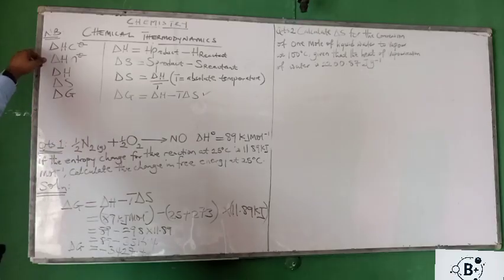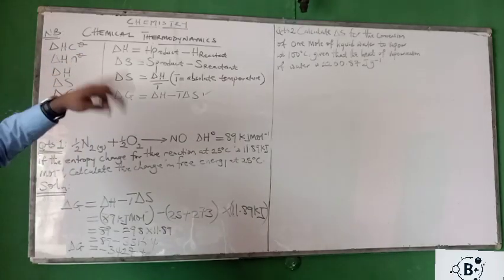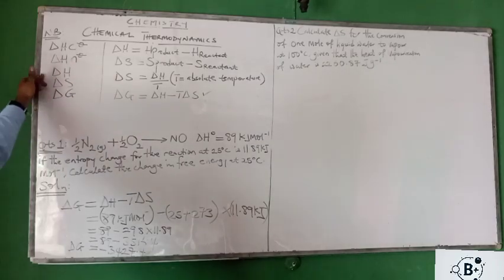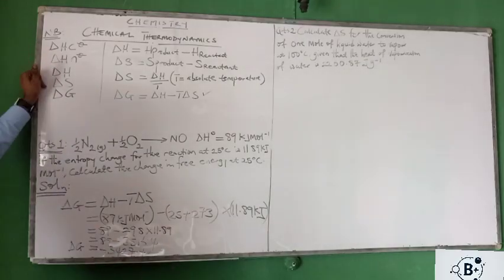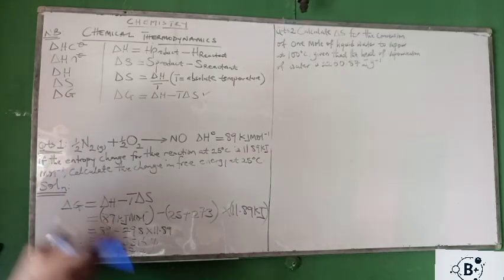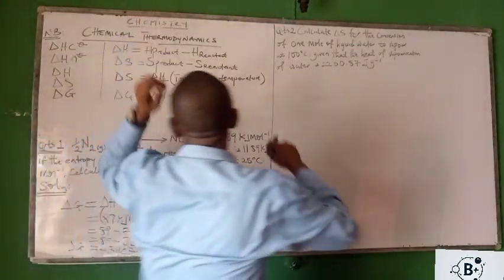For example, this one here is change in heat of combustion, then change in heat of neutralization, then change in heat, or enthalpy change. So you just have enthalpy change. Then this one is entropy change, that is the degree of disorderliness in the system. Then this one is change in G, which is the free energy, that is the energy available for the reaction to take place.